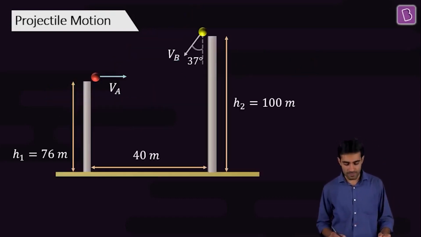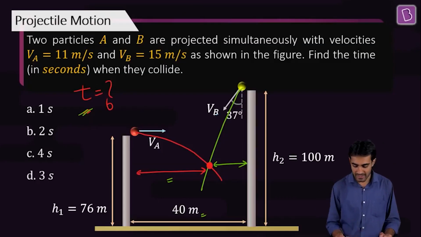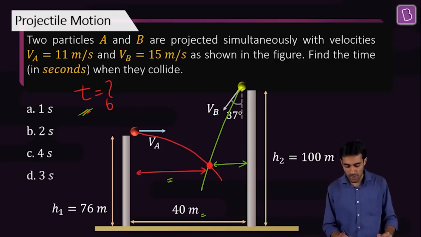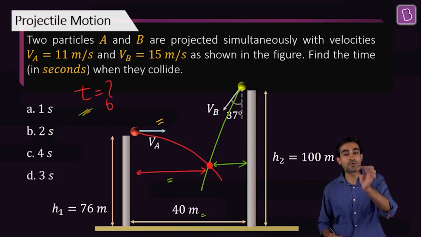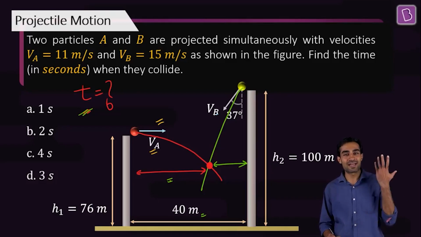Here was the question, and the red object covered some displacement like this. We can calculate this displacement. It is very simple. What was the initial component of velocity of the red object in the horizontal direction? What is that value? You will say it is VA alone. There is no component of velocity in the vertical direction.